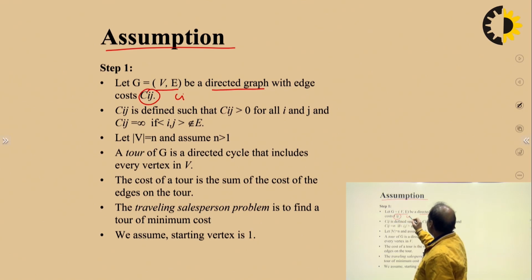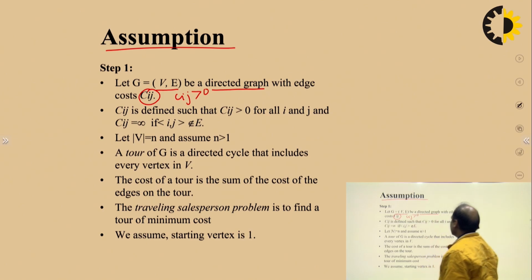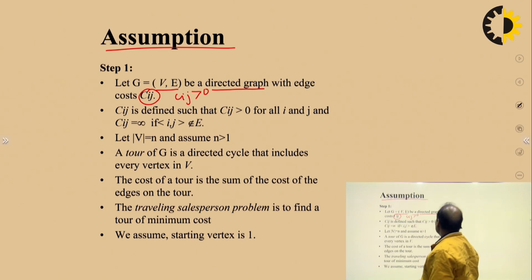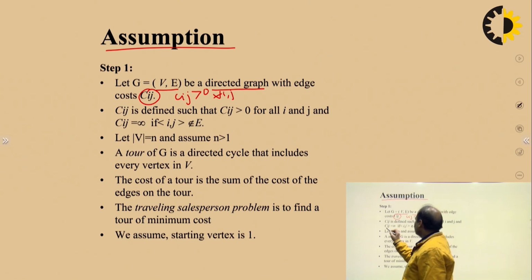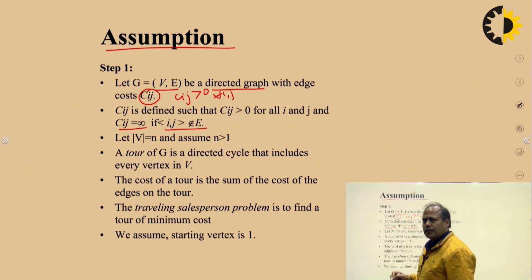We assume that this edge cost Cij is of course going to be greater than 0. We are not interested in 0 cost, for every i and j. This is the first assumption. Now Cij is infinity if ij is not part of the edge. If there is no edge, Cij will be infinity. We also assume that the number of vertices is n, n is greater than 1. Minimum 2 vertices are needed.